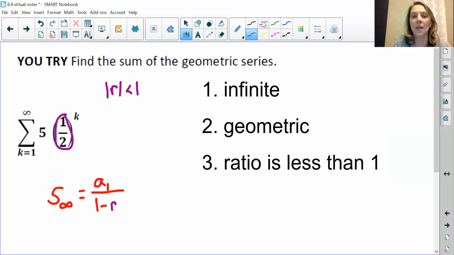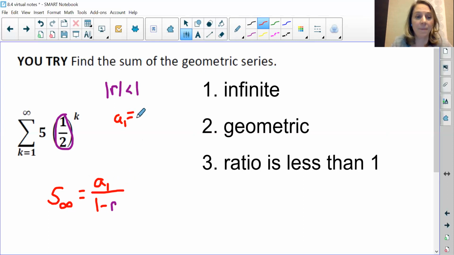So the first term, how do we find the first term? Well, we have to plug 1 into our terminator, right? We said this is like our terminator, and this equation down here is like our summinator. The terminator gives us the terms, and the summinator is the equation to give us the sum.